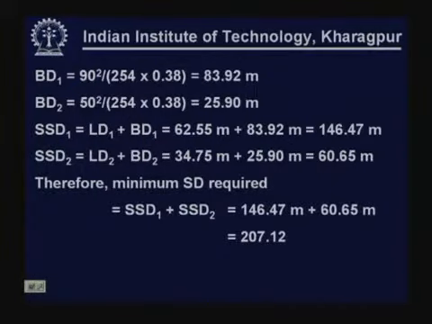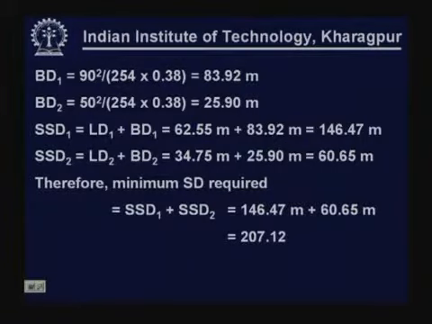Now, we shall calculate the braking distance, v square by 254 f. So, for the first vehicle it is 90 square divided by 254 into design f, which is 0.38. So, that is 83.92 meter. For the second vehicle it is 50 square, because 50 is the speed, divided by 254 into f, the design value of f is 0.38.